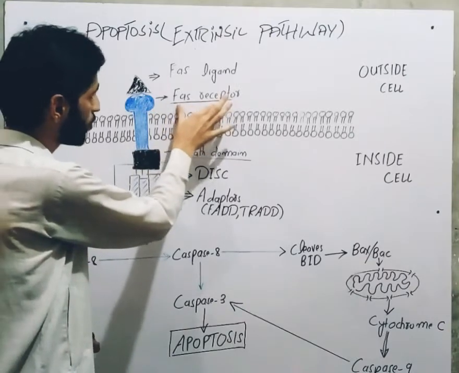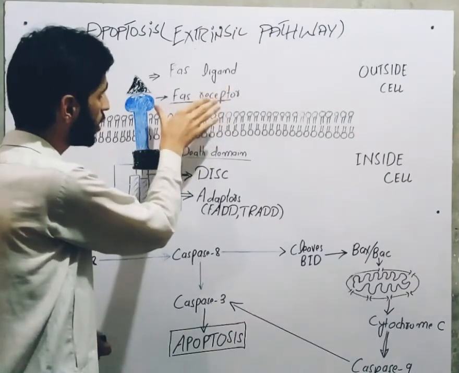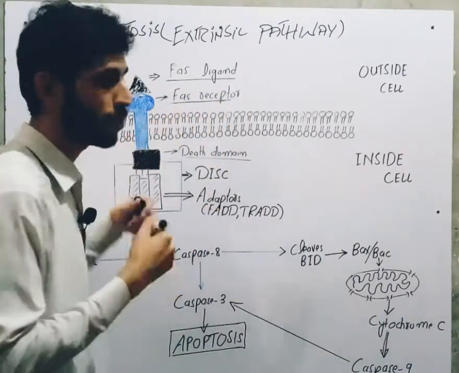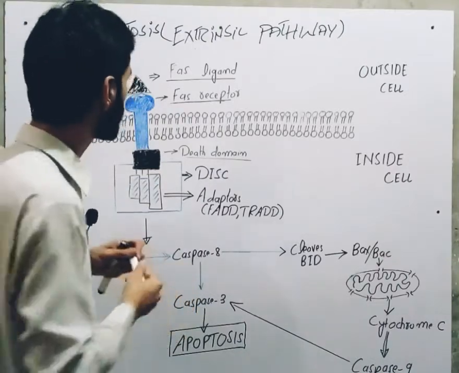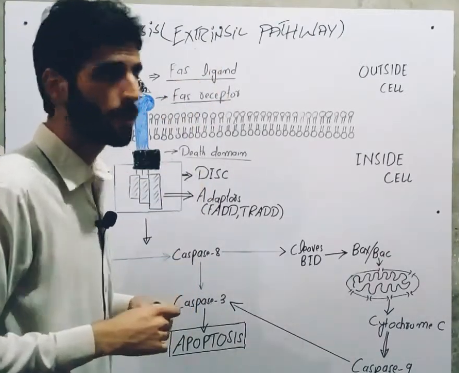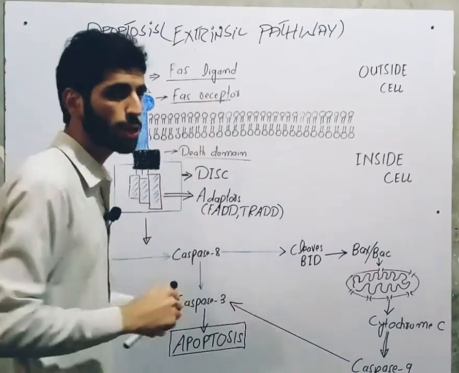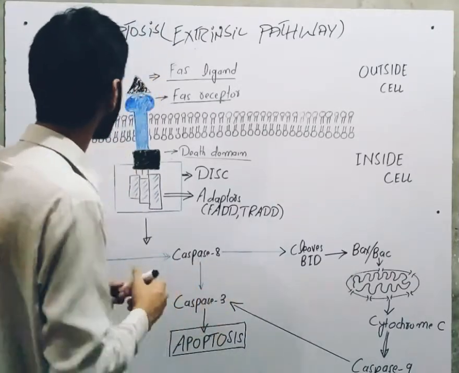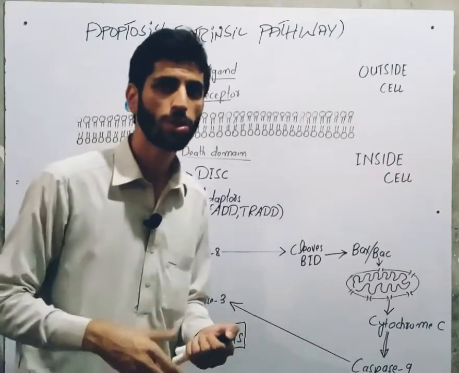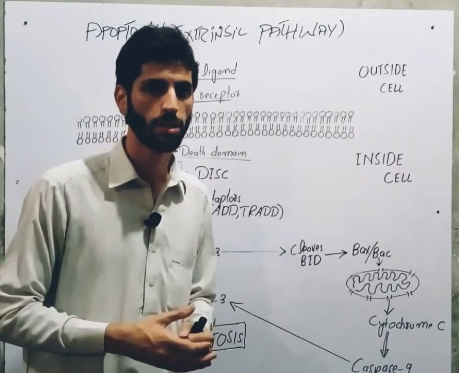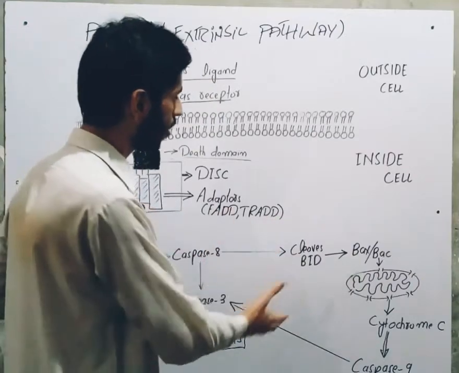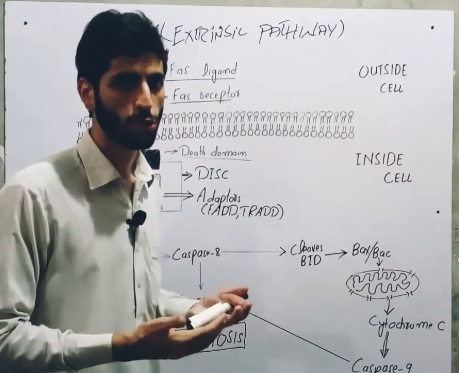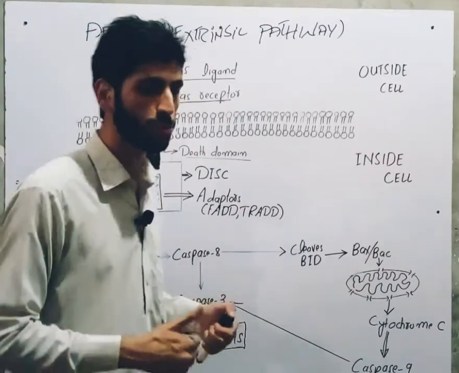Why is it called the FAS receptor? Because it binds to a molecule called FAS ligand. That's why it is called the FAS receptor, because it receives signals from this FAS ligand. And this FAS ligand is present on the surface of cytotoxic T lymphocytes. So when a cytotoxic T lymphocyte gets stimulated, there are cells which must be apoptosed.